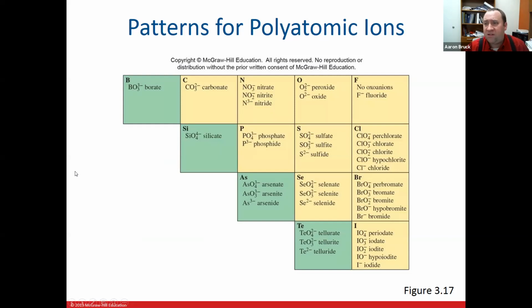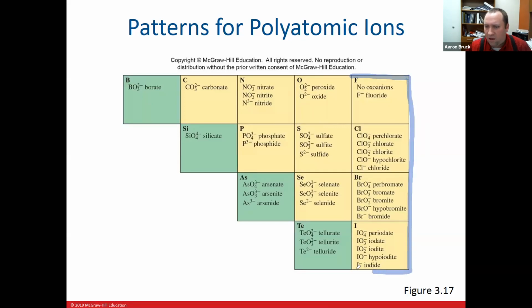Now, some other patterns that we can point to with regard to polyatomic ions. There is a pattern amongst where they are in terms of what charges they carry. So for example, all of your halogenated ions are going to carry -1 charges, -1s for all of these.